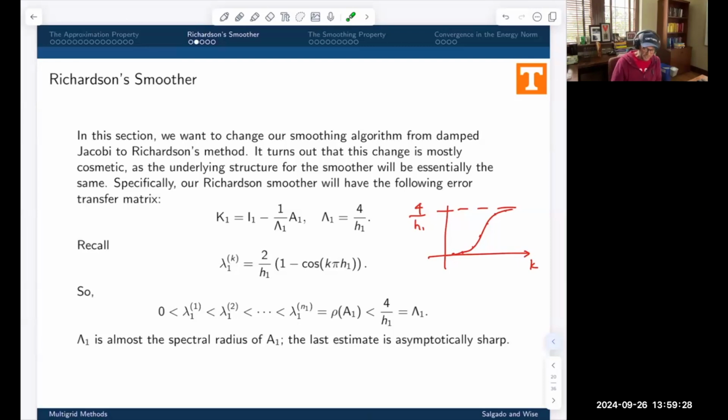Now we're going to use this as a smoother, and so we won't be interested so much in minimizing that error reduction factor across the whole spectrum. We're going to want to prioritize the error reduction of high frequency modes. So that's the idea. I'm going to explain why we're choosing this and why it's not necessarily optimal in the classical sense, but it's going to be optimal for our multigrid sense.